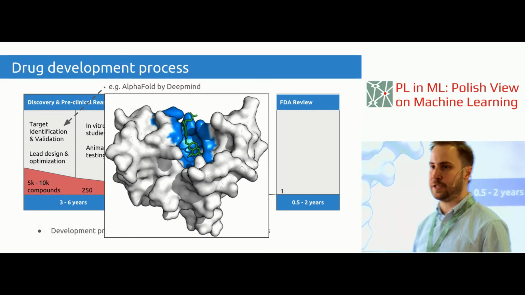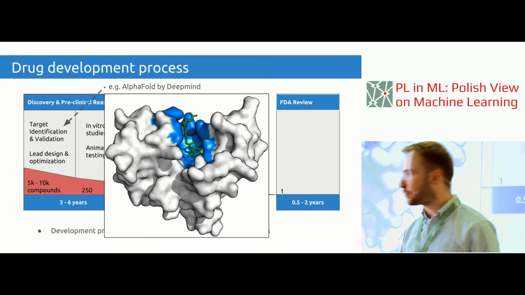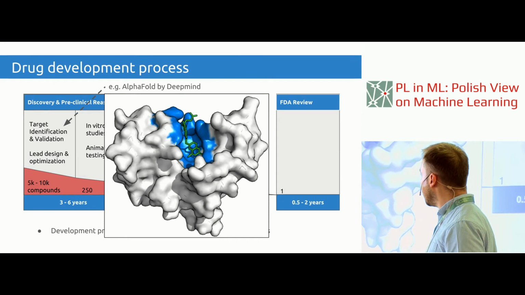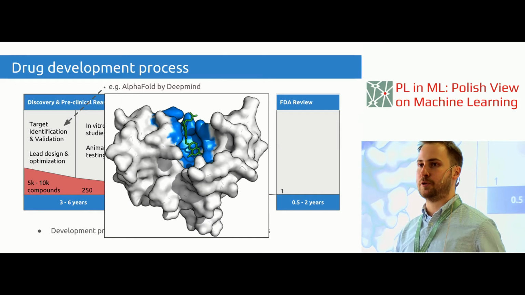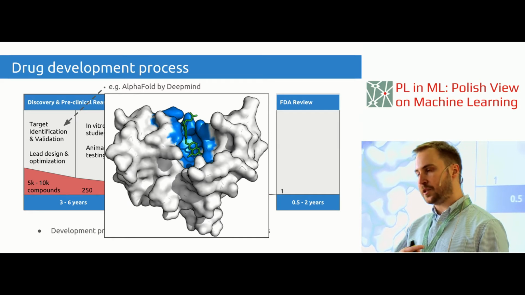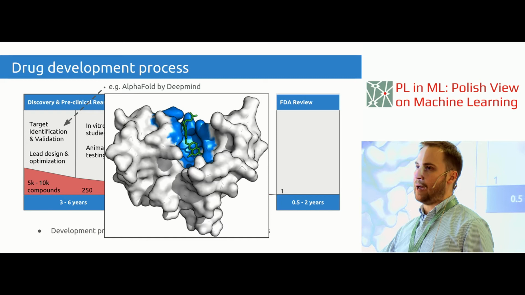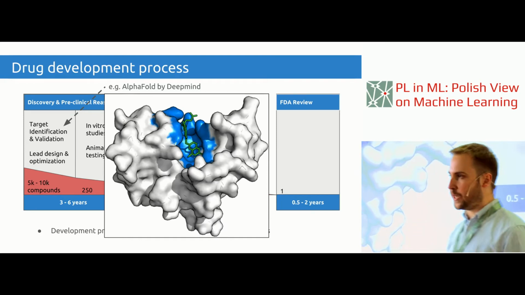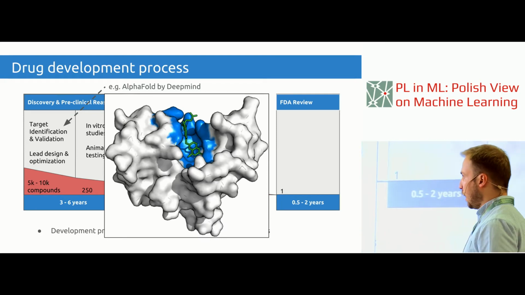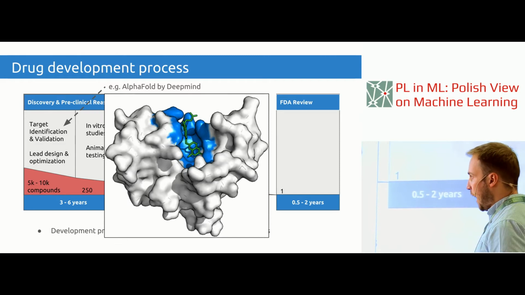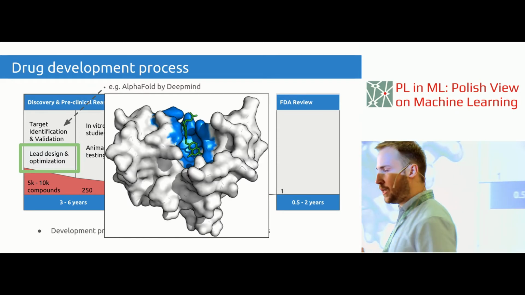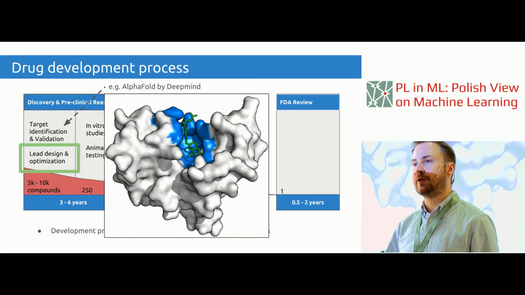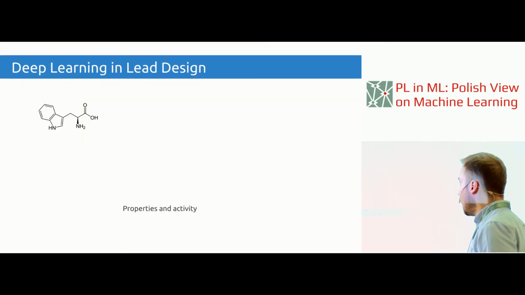It is a system released 2 weeks ago by DeepMind, and actually the system is able to predict a 3-dimensional protein structure based on a sequence of amino acids, and is doing it really accurately. But during this talk, I will focus only on the second part, so on lead design and optimization. By leads, we understand drug candidates.